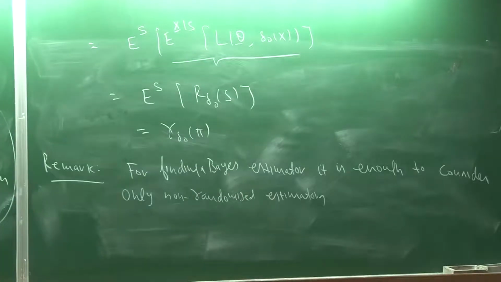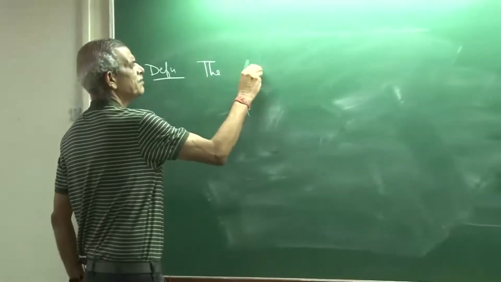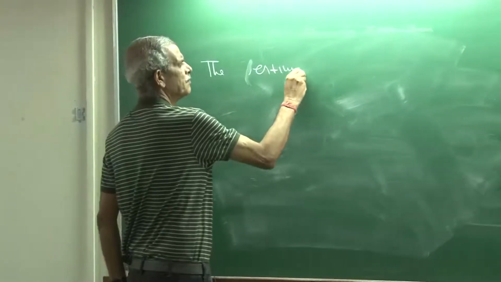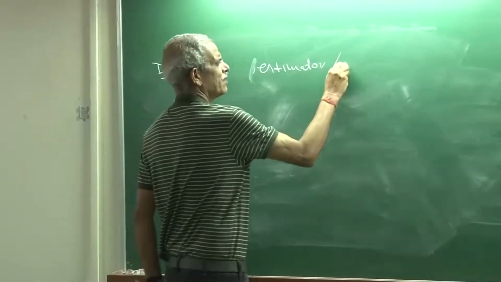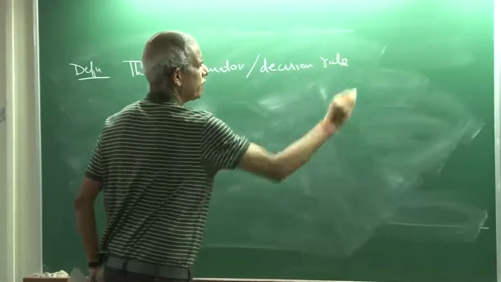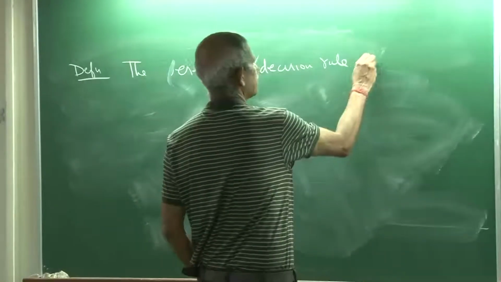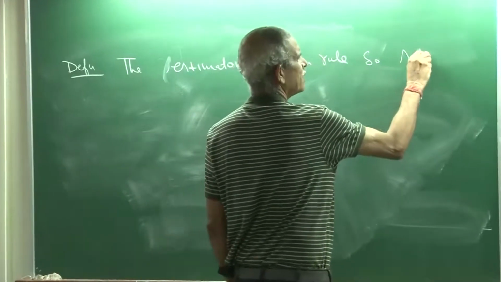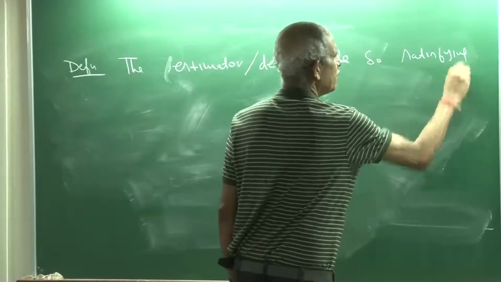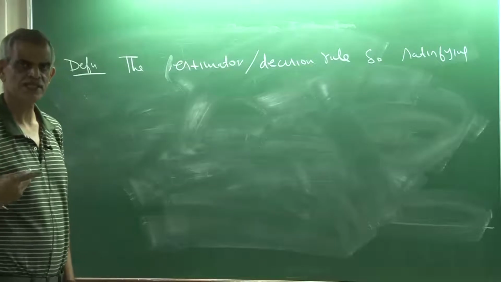Let me give a definition of a Bayes action. So the decision rule or the estimator delta naught satisfying, what it does is minimizes the posterior loss.